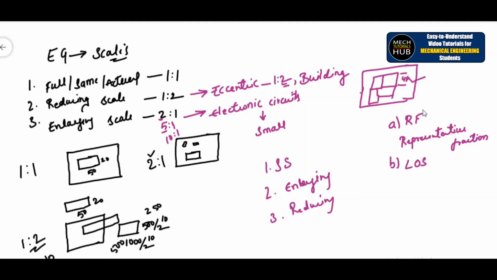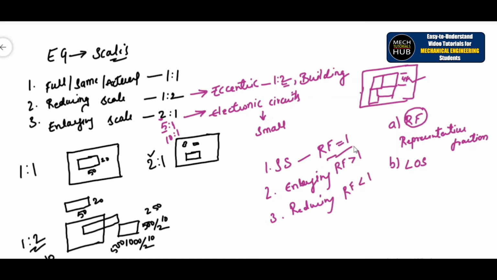Now, what is representative fraction? In case of same scale, reducing scale, enlarged scale: in case of same scale, representative fraction is always equal to 1, whereas in case of enlarging scale, the value of RF is going to be greater than 1. In case of reducing scale, RF is less than 1.